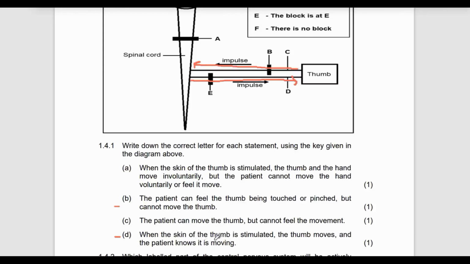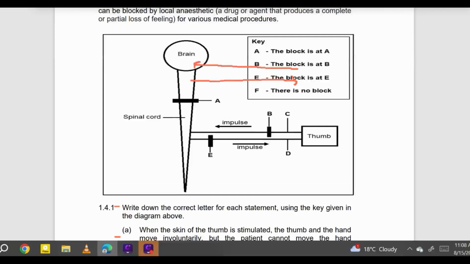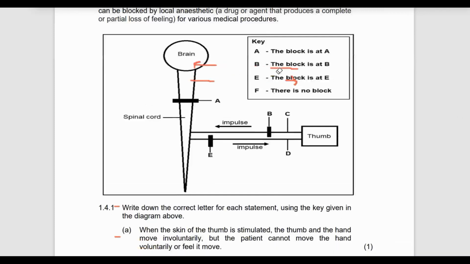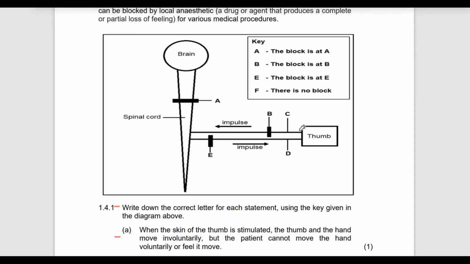And the patient's thumb is moving, meaning that it was sent to the central nervous system, and that includes the brain, guys. Let me just make a diagram for you so that you can understand. The thumb can feel that it is being pinched, meaning that the impulses were sent to the brain.